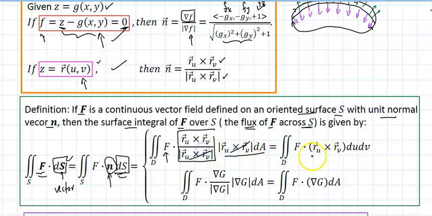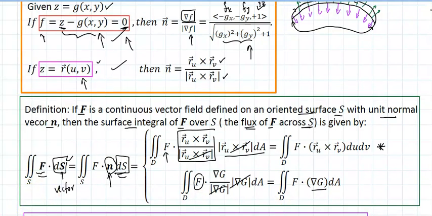Those cancel out, and I'm left with that star right there. And if I'm given the representation as a function, then I will take f dotted with the gradient of g divided by its magnitude, and those cancel out, and I'm left with simply f dotted with the gradient of g dA.